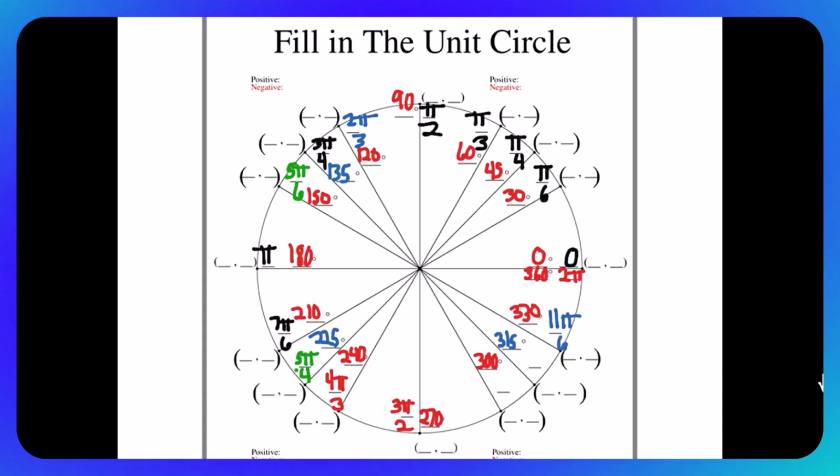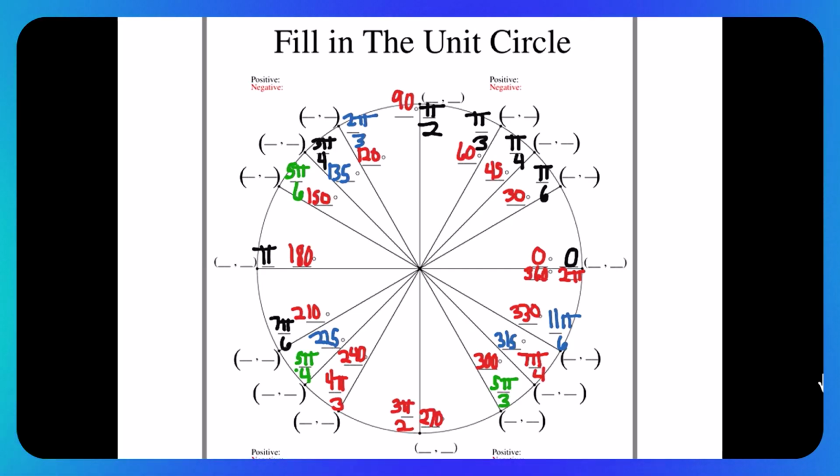If I take pi over 4 away from 2 pi, that's going to leave me with 7 pi over 4. If I take pi over 3 away from 2 pi, that's going to leave me with 5 pi over 3. So that's just simply filling in the angles in both radians and degrees.